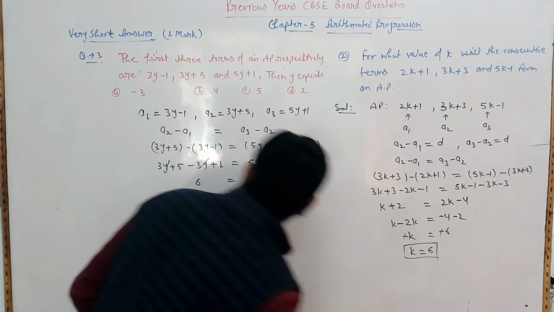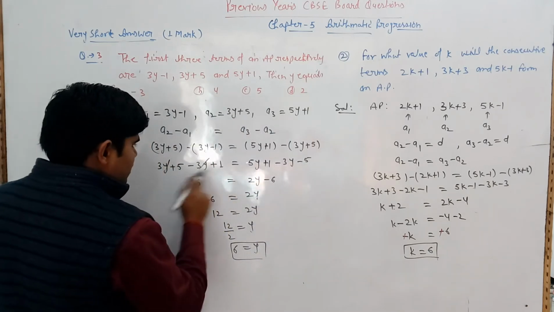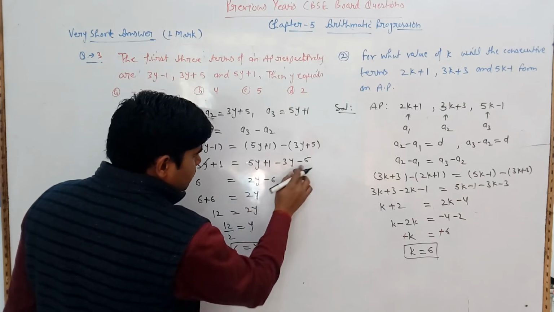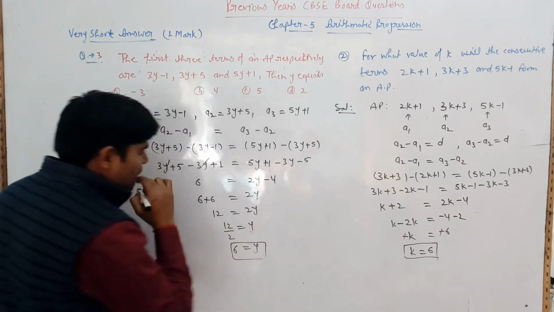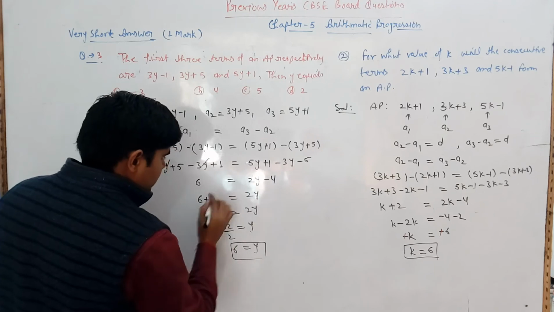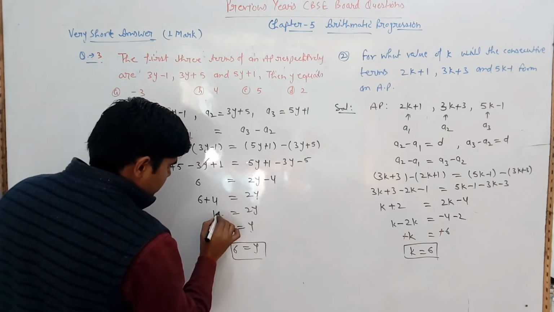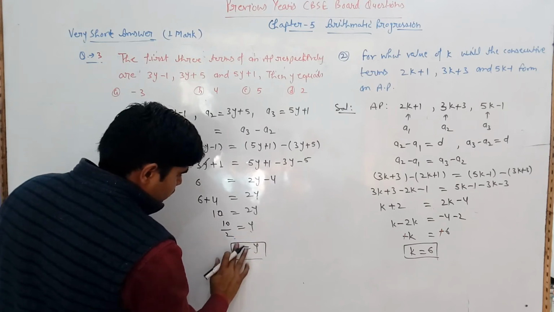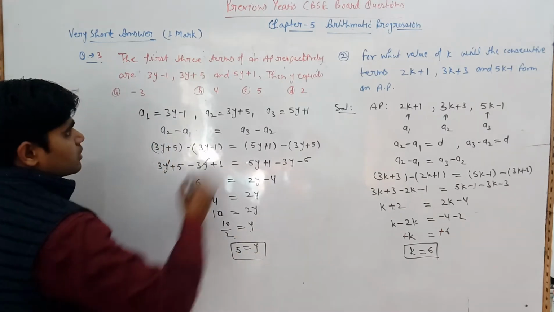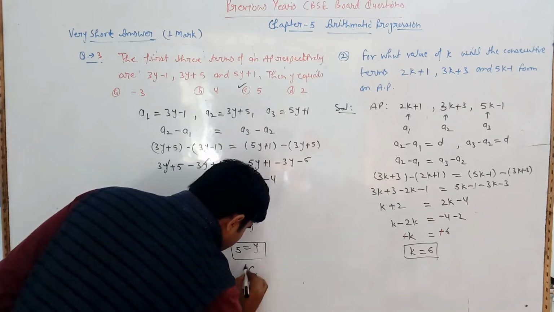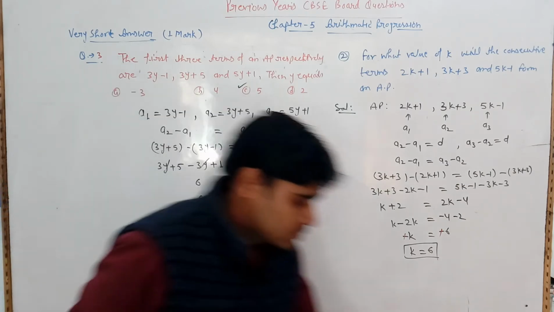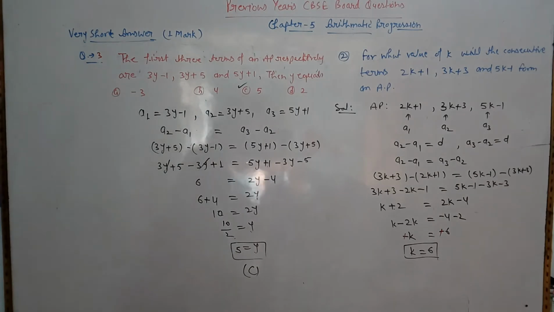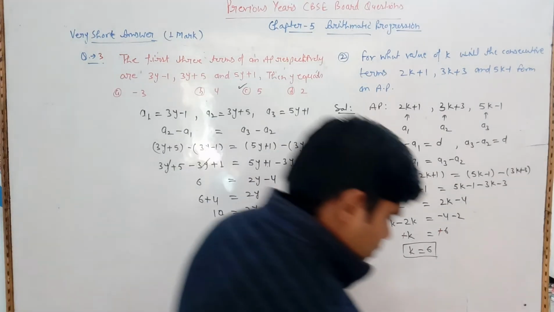Then solve it. 3y cancel out. 5y minus 3y is 2y, plus 1 minus 5 is minus 4. So here minus 4 becomes plus 4. This value is 10. 2y is equal to 10, so y is equal to 5. Option C. Understand? Don't make any mistake. Okay. Next question.